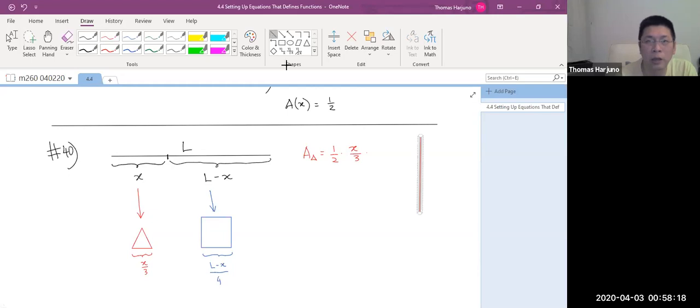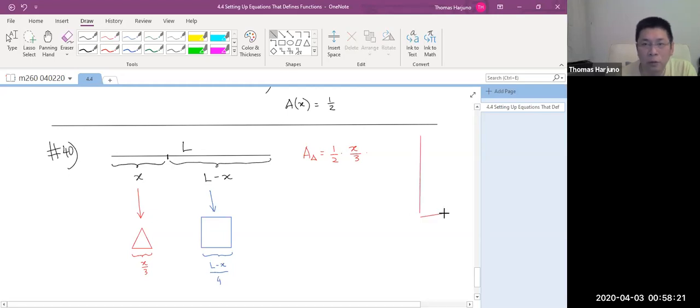Suppose I have, that's why I prefer to actually memorize this. For an equilateral triangle, see, the bottom here is x over 3 times 1/2.